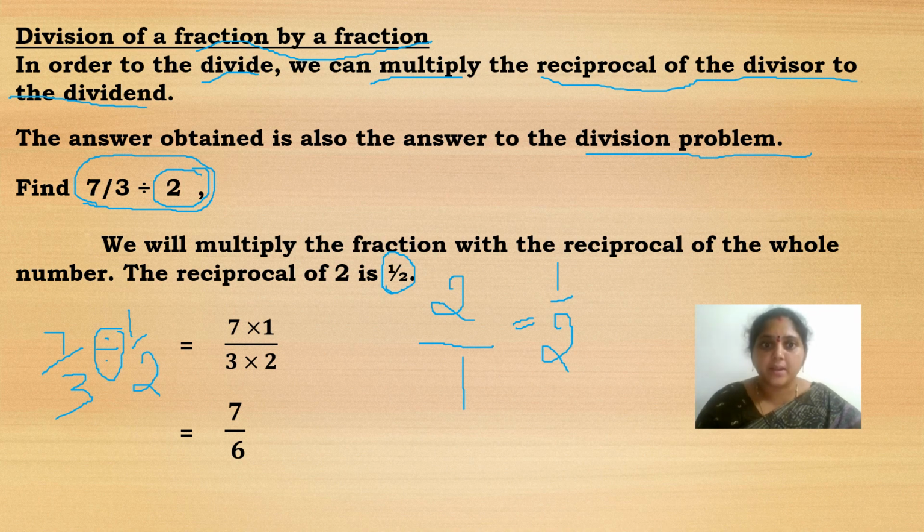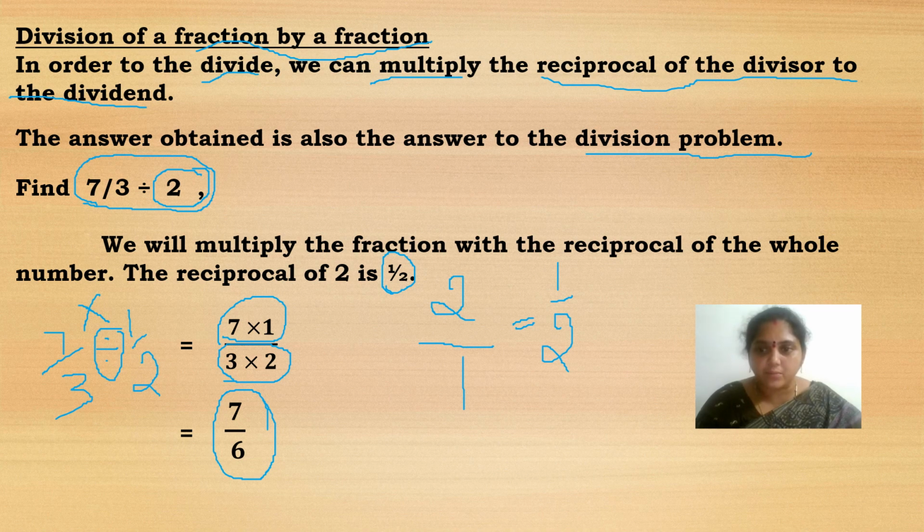Now multiply 7 into 1 and 3 into 2 because we have interchanged. That's why it becomes multiplication. Now 7 ones are 7, 3 twos are 6. Our fraction is 7 by 6. This is how we are going to do the division of a fraction by a fraction.